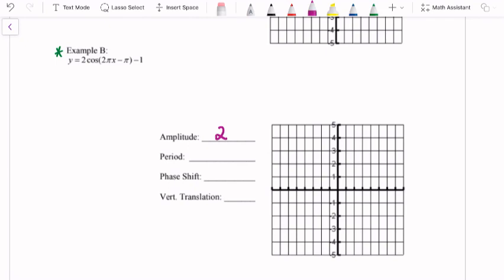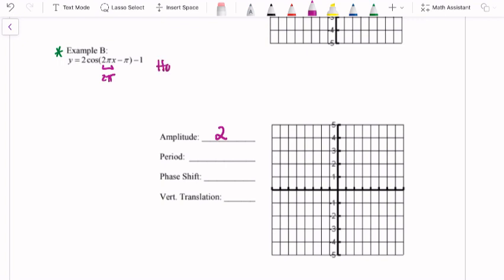Our period, okay, so remember our period comes from the horizontal stretch or compression, and then we're going to multiply it by 2 pi. So that's going to be that b value here. So here's my horizontal stretch or compression. Since it's 2 pi, if I think about what kind of number 2 pi is going to be, 2 pi is going to be a number that's bigger than 1, right?